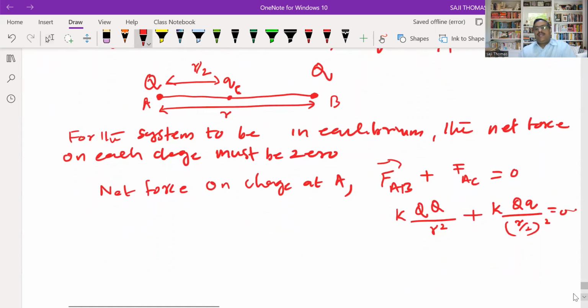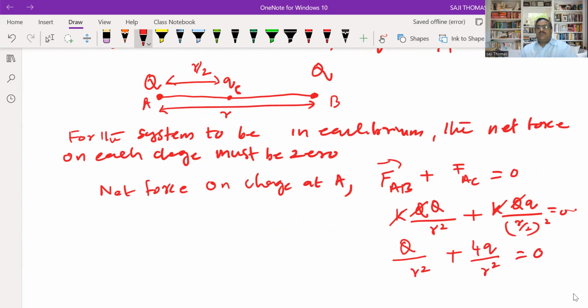So you can cancel K from both sides, and you can cancel one capital Q. What remains is capital Q by R square plus 4q by R square equals 0. You can cancel R square also. So you are getting capital Q plus 4q equals 0.